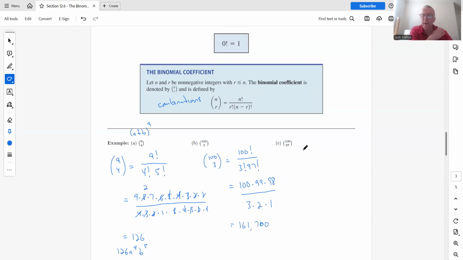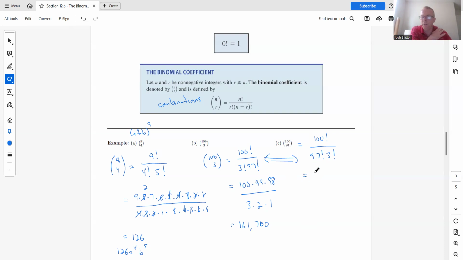All right. Now this one, this would be 100 factorial over 97 factorial times 3 factorial. And so notice these are the same.